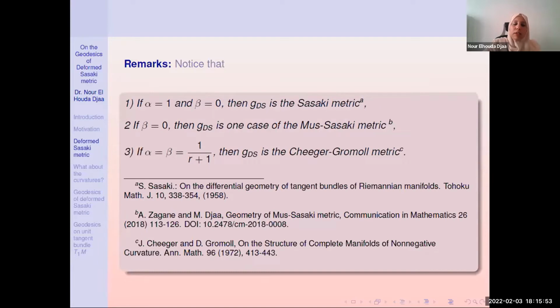Well, we notice that if alpha equals 1 and beta equals 0, then g_DS is the Sasaki metric. Also, if beta equals 0, then g_DS is one case of Sasaki metric. If alpha equals beta equals 1 over 1 plus r, then g_DS is the Cheeger-Gromoll metric.